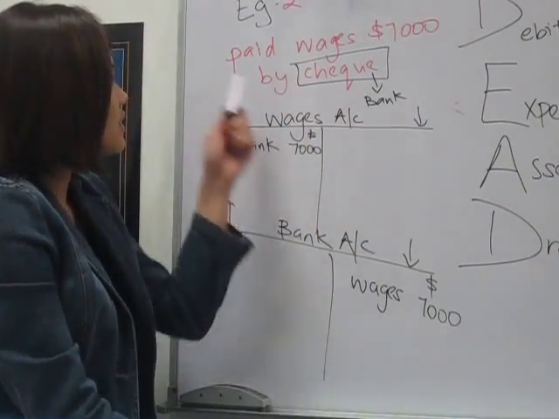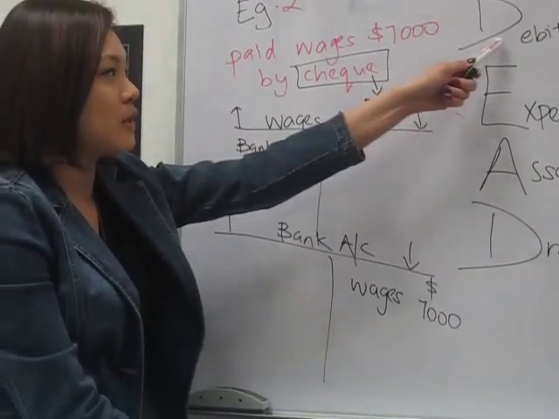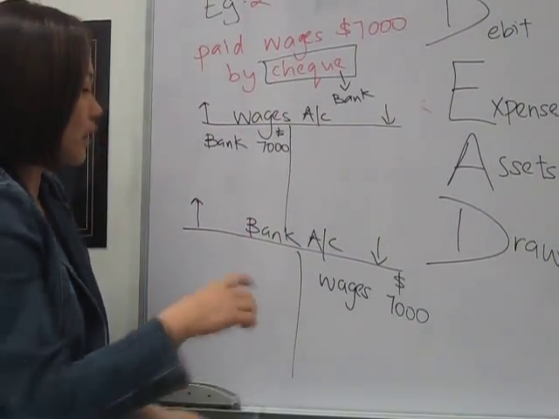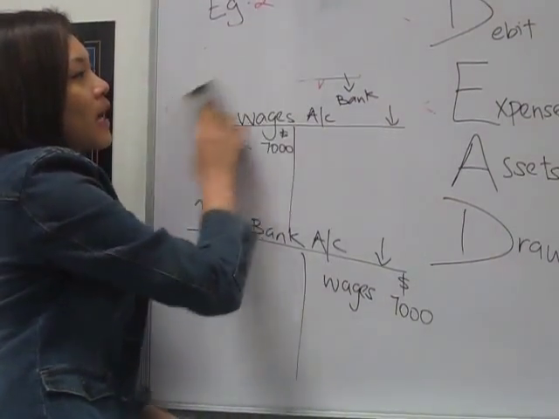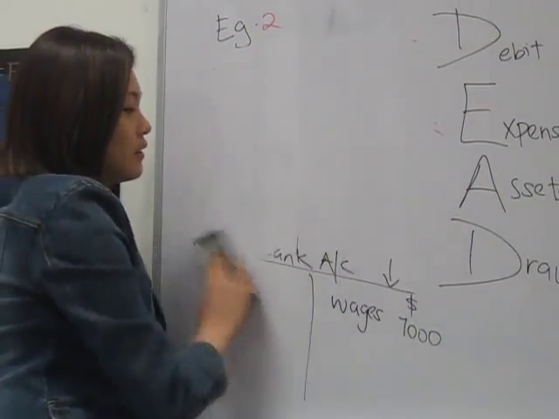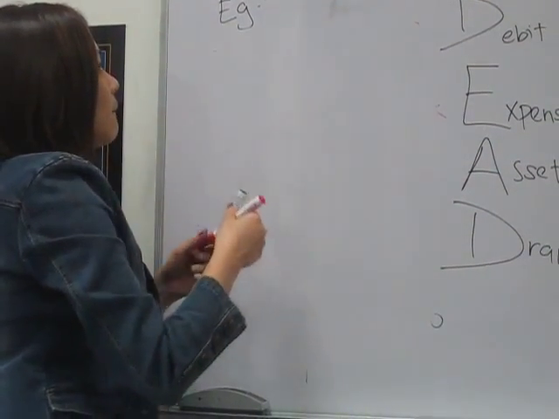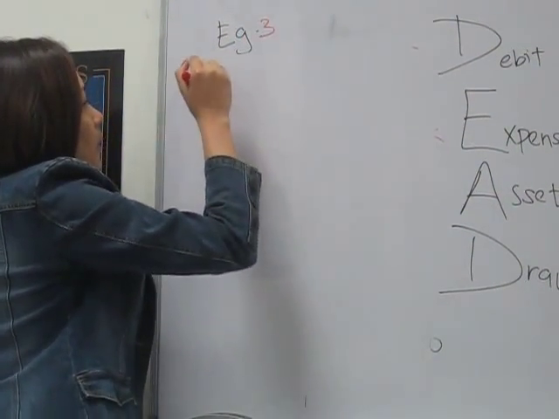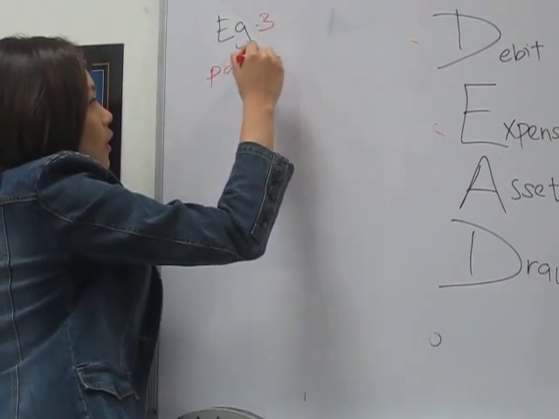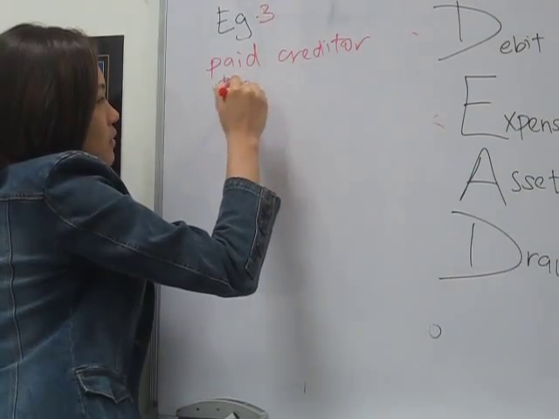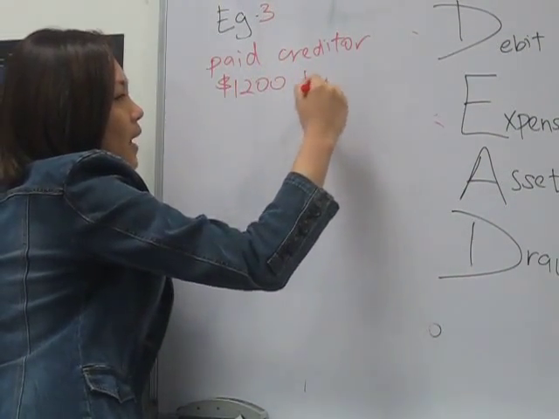These first two examples are related to expenses and assets. Now for the third example, we will touch on the credit part. Example 3: paid creditor $1,200 by check.